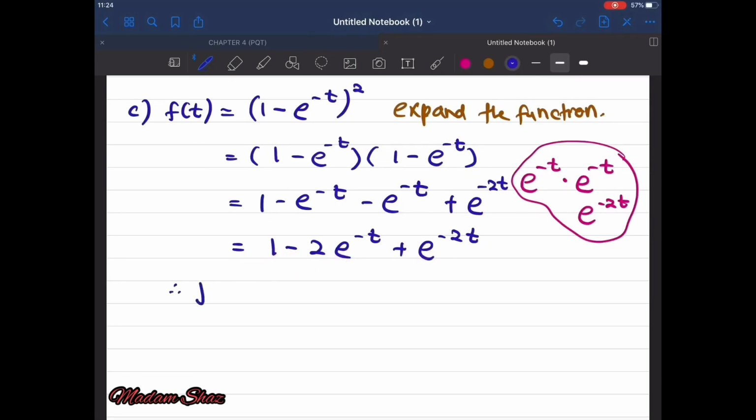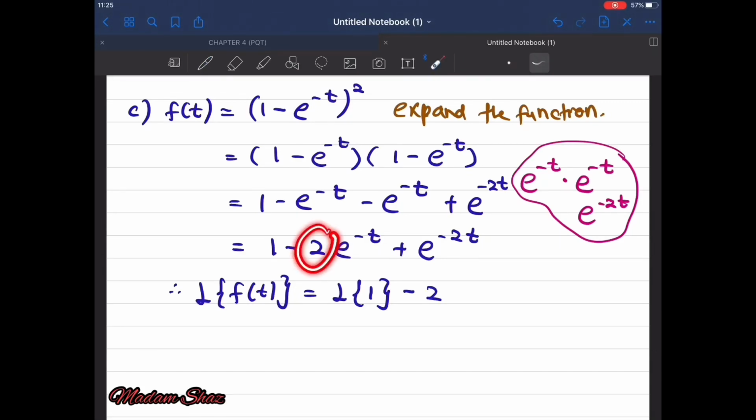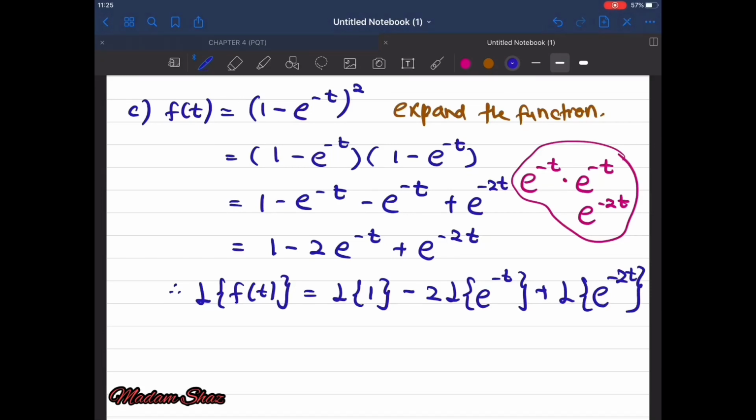Therefore, Laplace of f(t) is equal to Laplace of 1, minus 2 at the outside because 2 is a constant, Laplace of e to the power of negative t, plus, for this one you don't have any constant, Laplace of e to the power of negative 2t. Okay, from here you have to refer to the table of the Laplace transform.